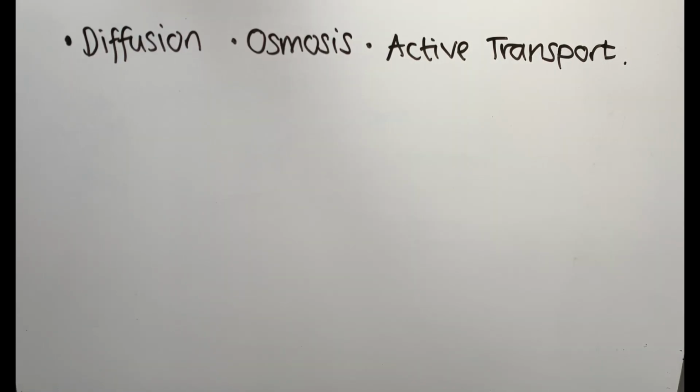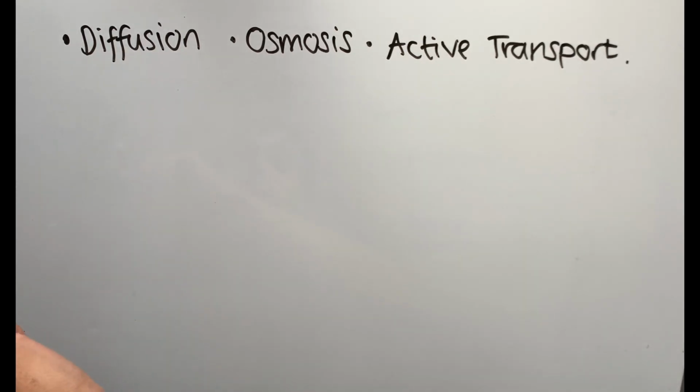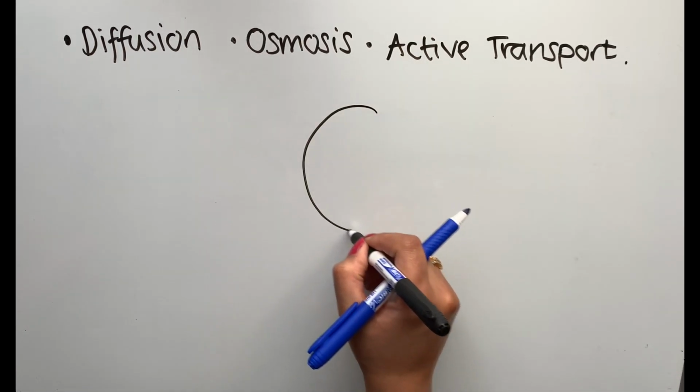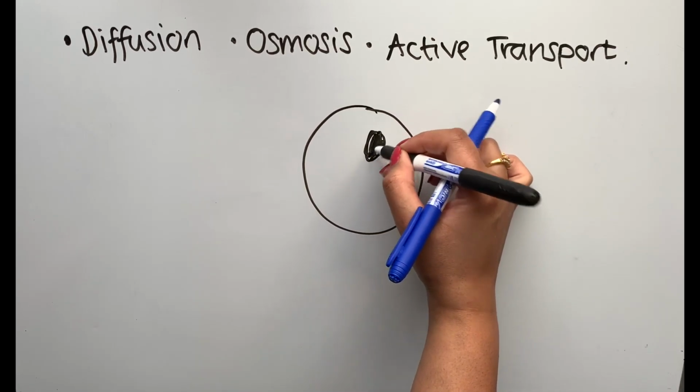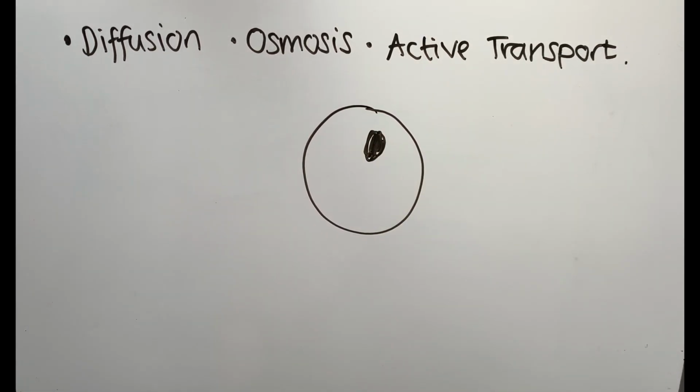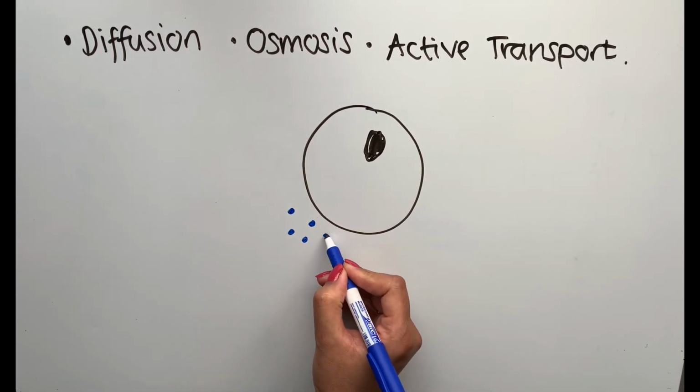So if we consider movement of substances through diffusion, we could consider our cell again. So we have our cell and we have particles in an area of high concentration.